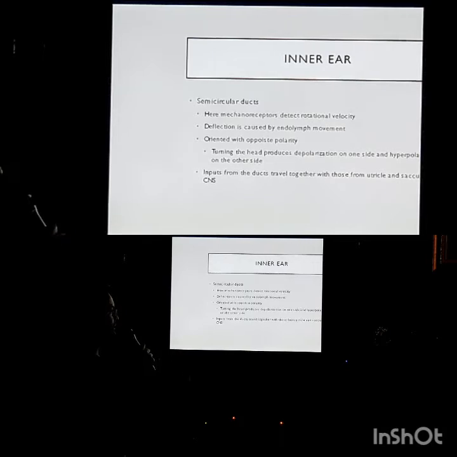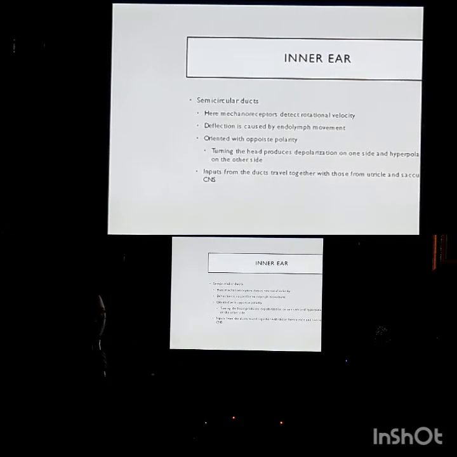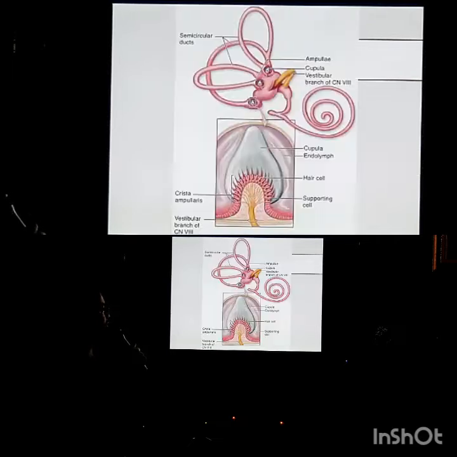So they can detect the rotation, direction, and speed of head movement. Deflection is caused by endolymph movement. And these semicircular ducts, like I said, are oriented opposite and paired to each other. And inputs from the duct travel together with inputs from the utricle and saccule to the central nervous system.